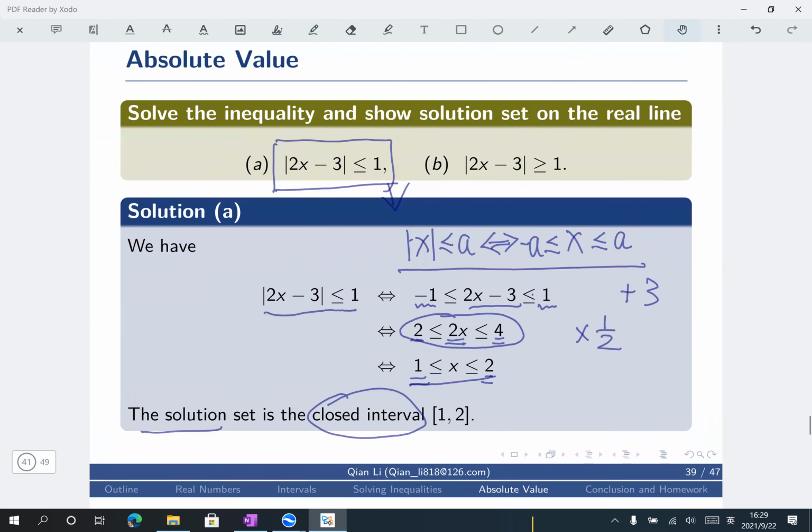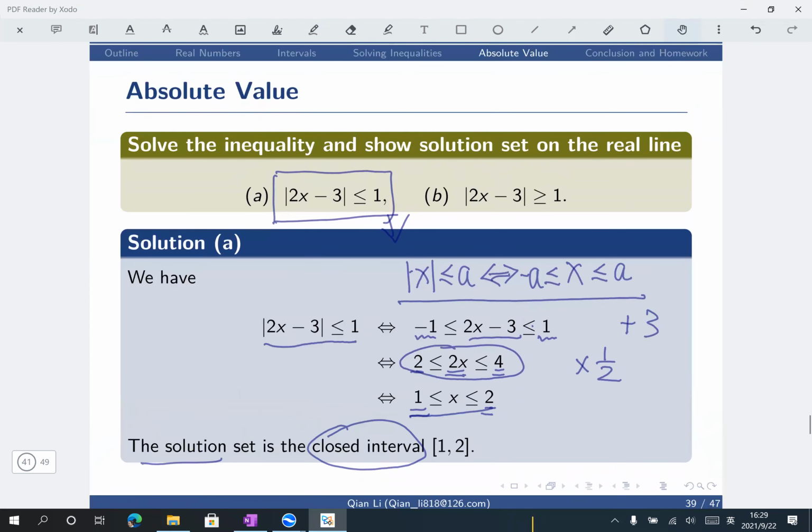Ma'am, should we draw the line also? Okay, this is a real line, and this is 0.